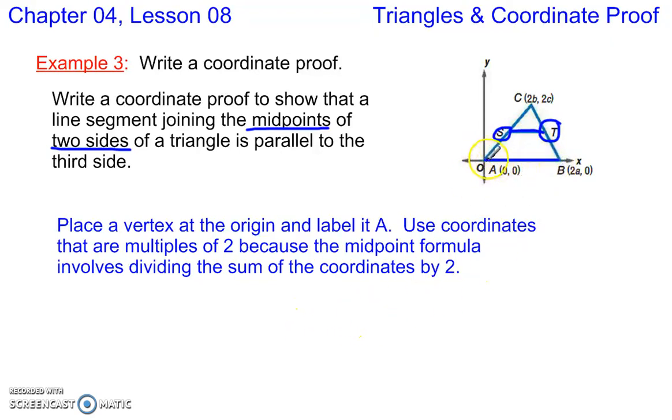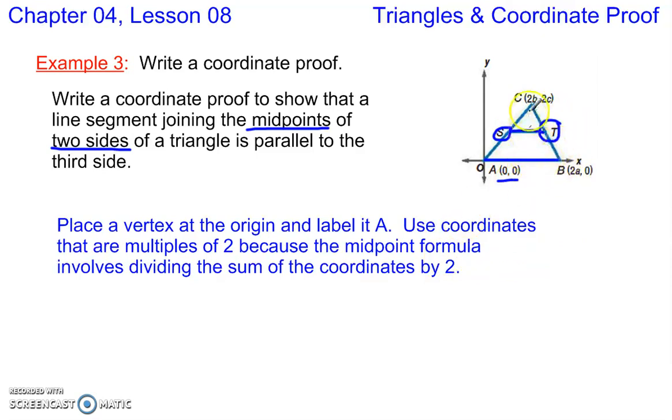Okay, so we're going to place the vertex at the origin and label it 0, 0. We're going to use coordinates that are multiples of 2, because remember our midpoint formula, we have to divide by 2. So we want to use numbers that are easy to work with.